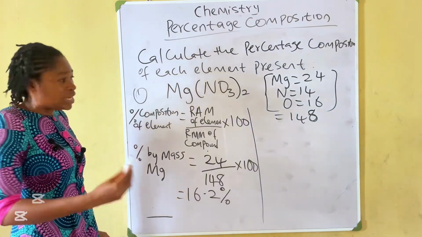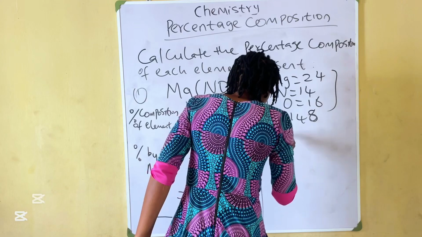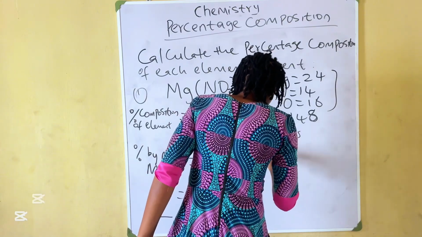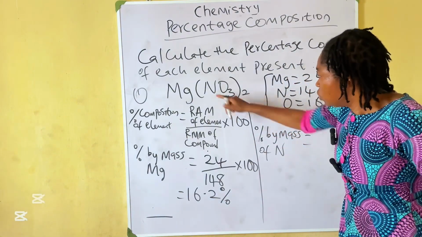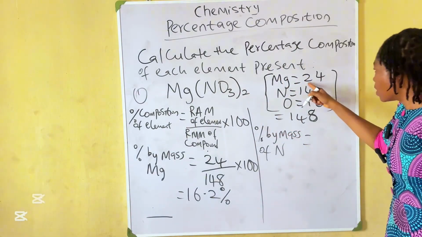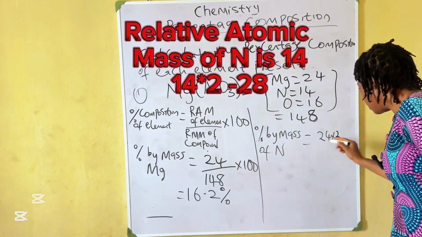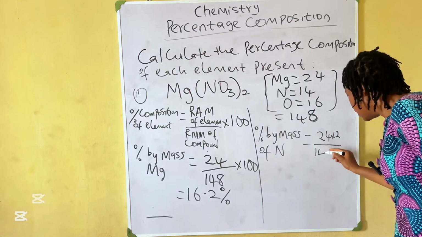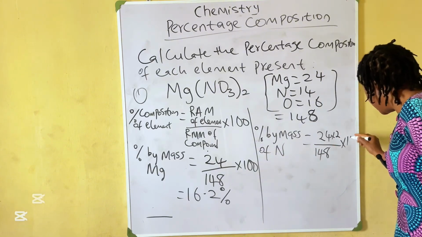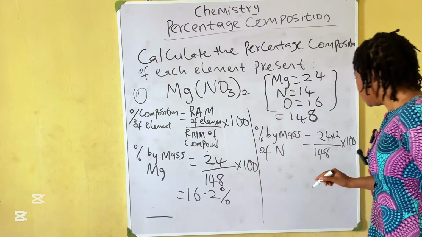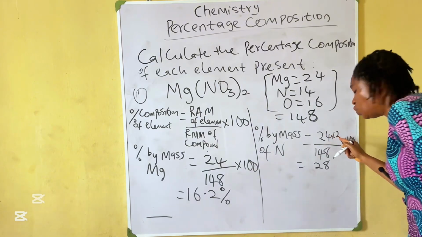So let's look at the one for what? Nitrogen. Percentage by mass of nitrogen is equal to what? Here I have 2 atoms of nitrogen, and the relative atomic mass of nitrogen is 14. So 14 times 2 divided by what? The relative molecular mass of the compound, which is 148, times 100. 14 times 2 is 28.